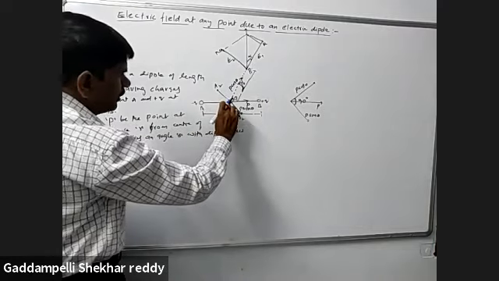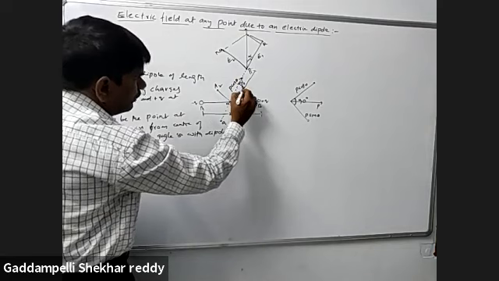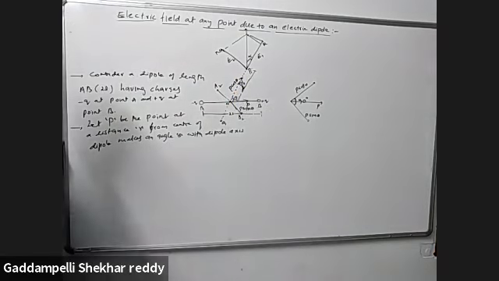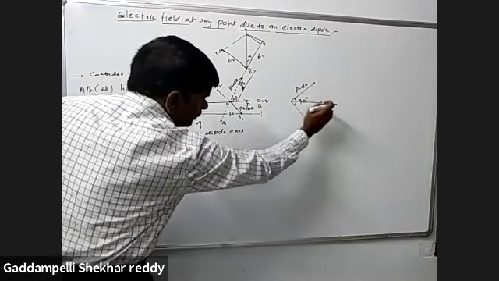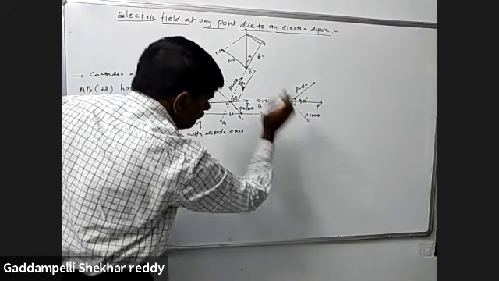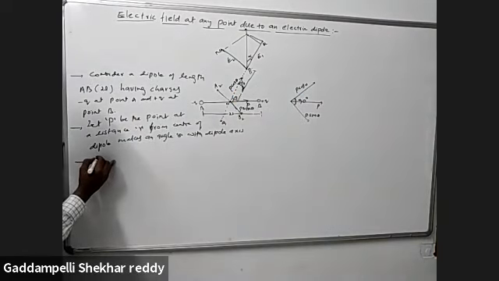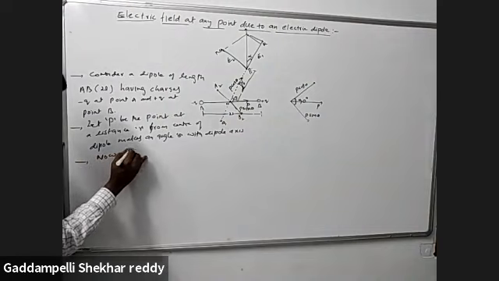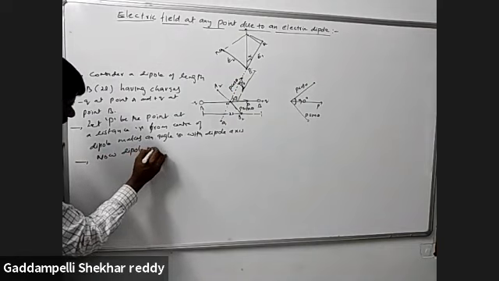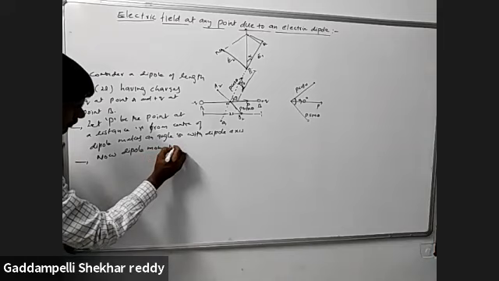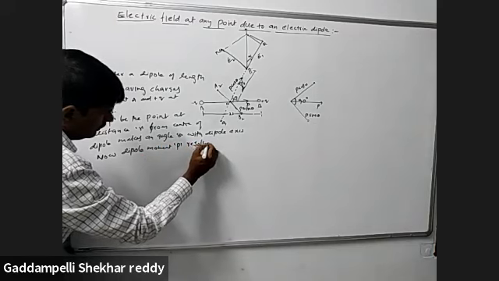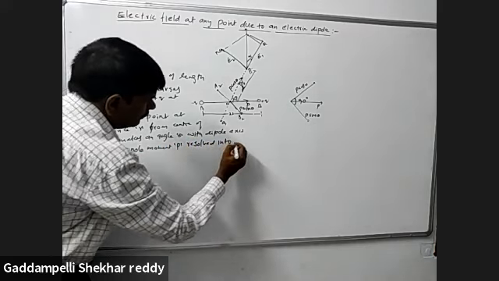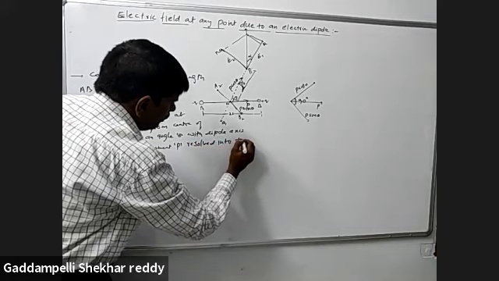This is the distance from the center of the dipole, and it makes an angle theta with the dipole axis. Along this direction, the dipole moment P can be resolved into two components, P cos theta and P sin theta.